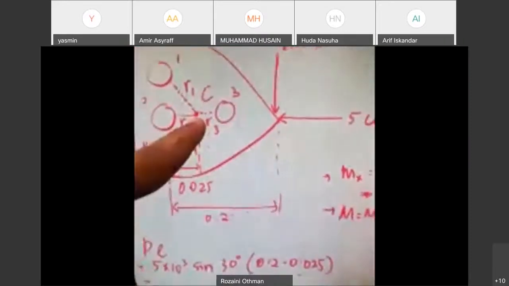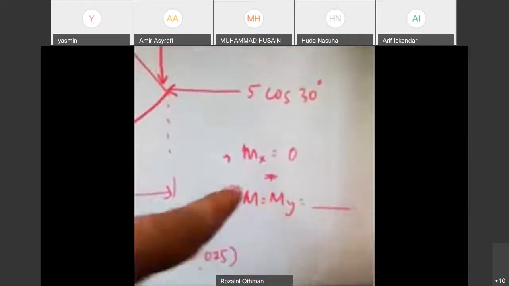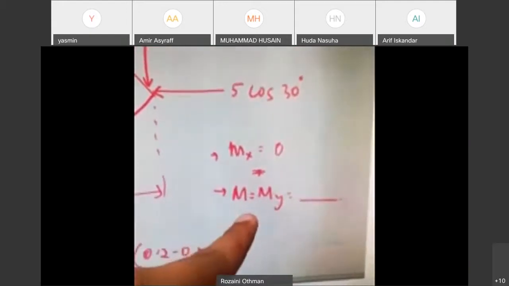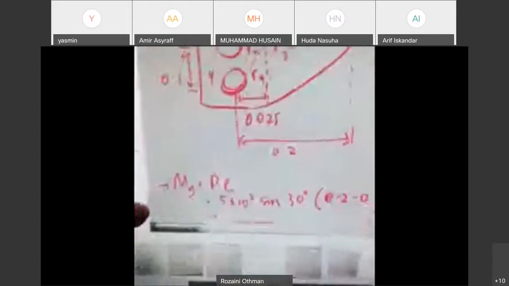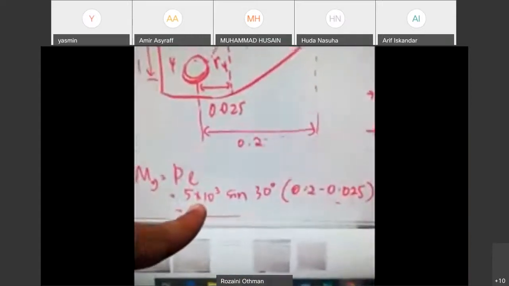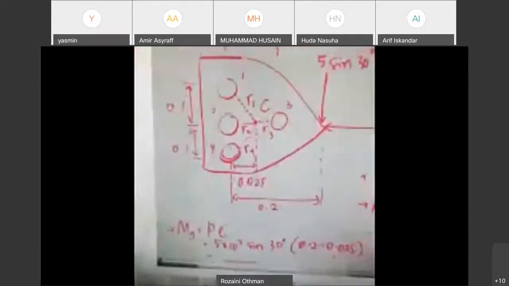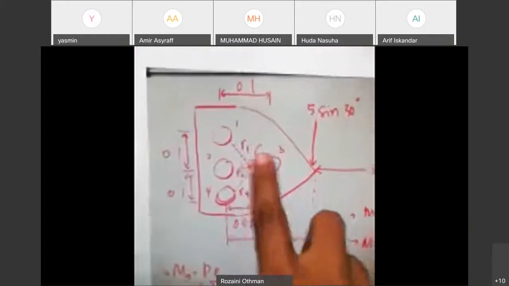So the moment in X is zero. Therefore, we use the moment due to force Y, which is the one that we get here. The direction is clockwise.